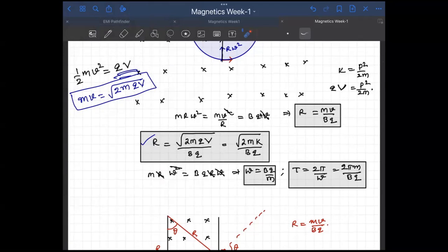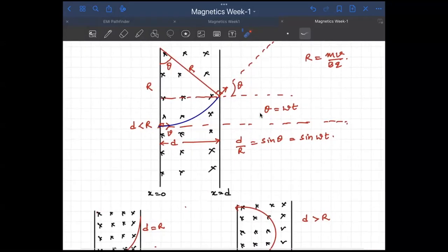Angular frequency is BQ by m. Time period is 2 pi by omega, 2 pi m by BQ. Only from one single observation, you got three expressions for radius, one expression for omega, one expression for time period. Any doubts? Right.